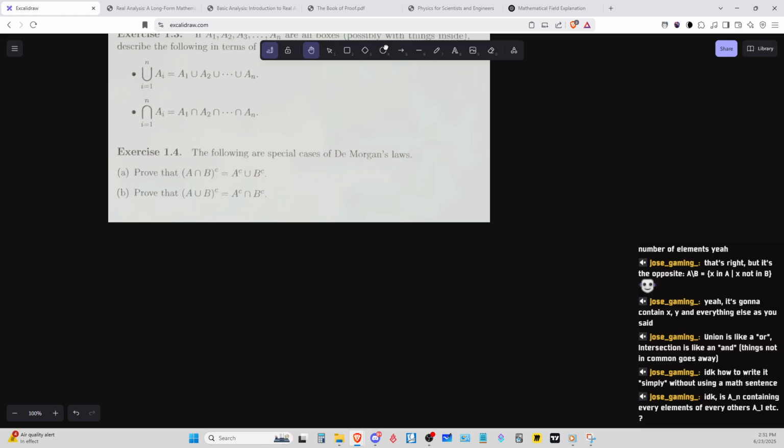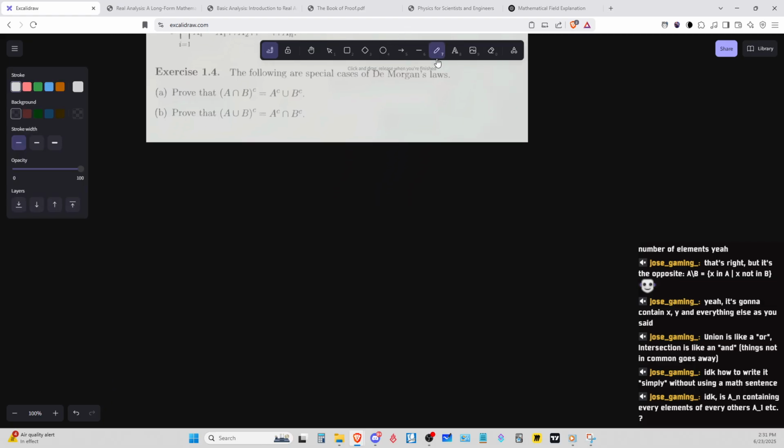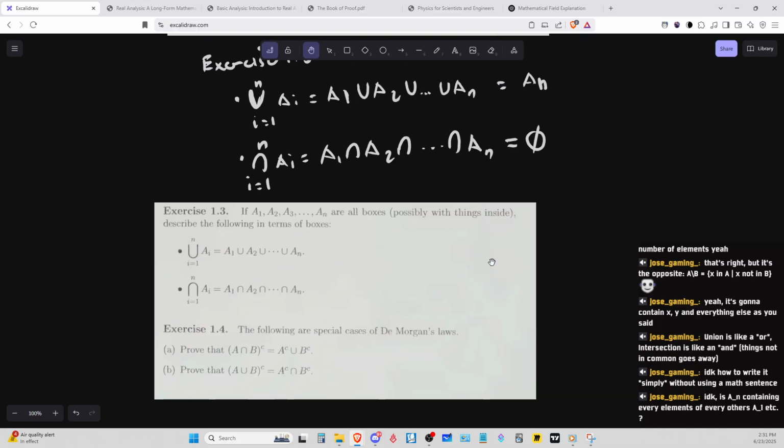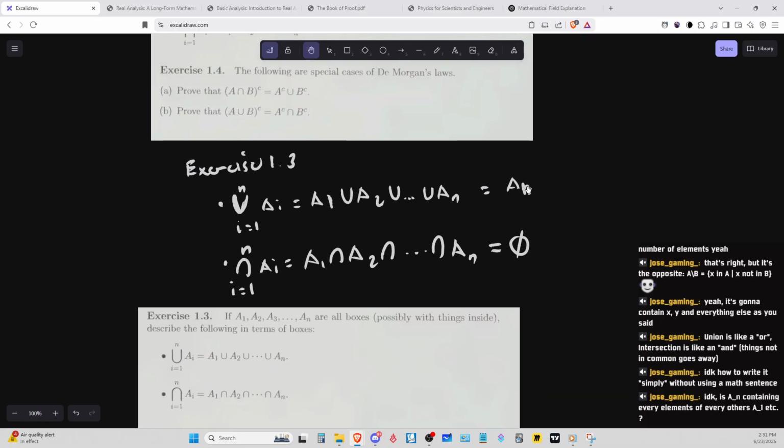I don't know, does AN contain every element other than... I think the reason why I wrote AN is because it's kind of abstract, because n could equal 1, 2, you know, n. That's the reason why I wrote AN, but I wasn't sure if I can also write Ai in this case.